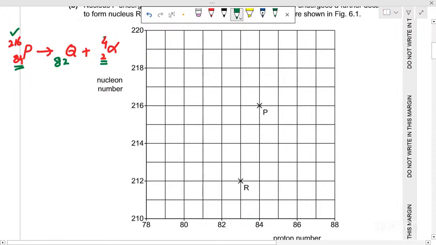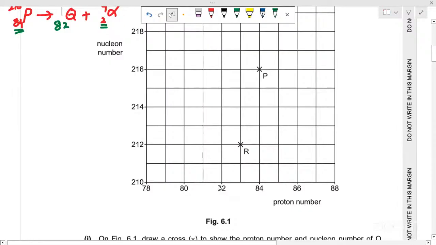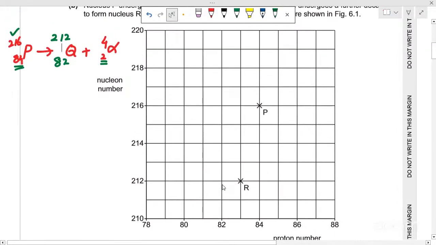So 216 minus 4 would be equal to 212. So now we can easily identify Q on this grid diagram. It must have 82 as proton number and nucleon number should be 212. So you can see from this diagram, 82 and 212 comes here.